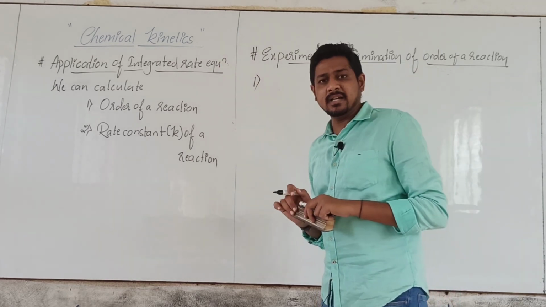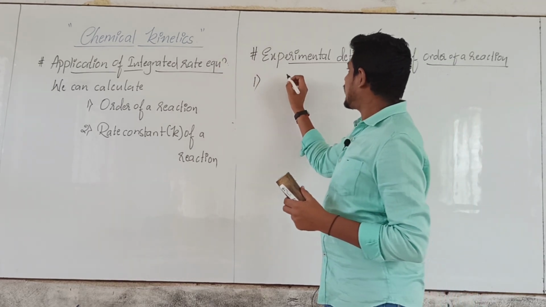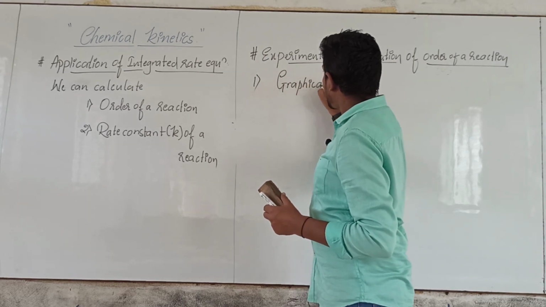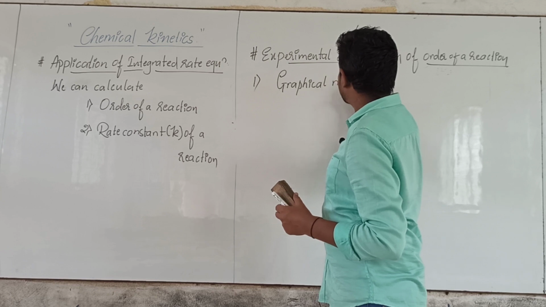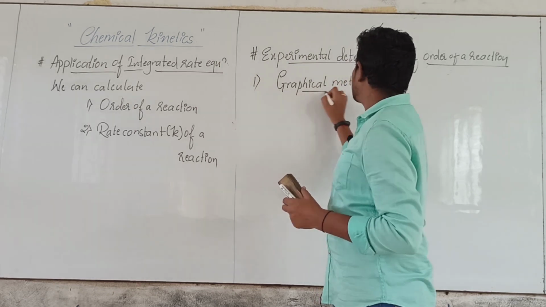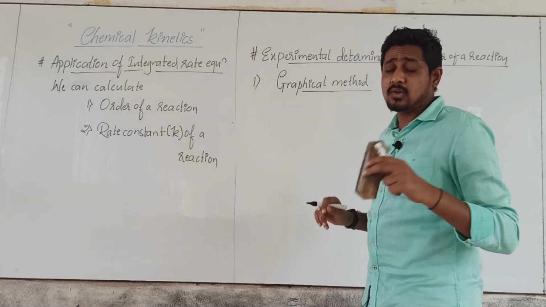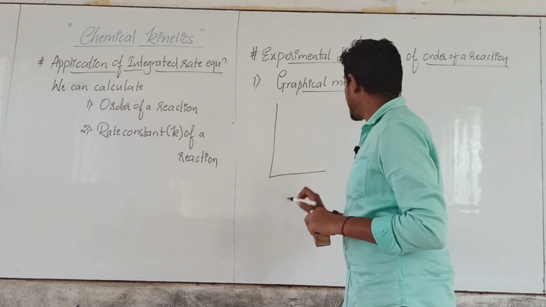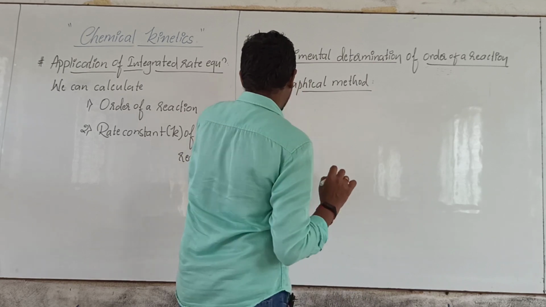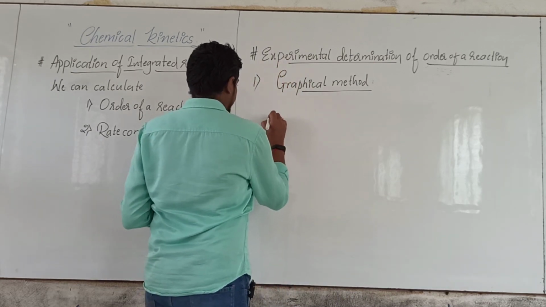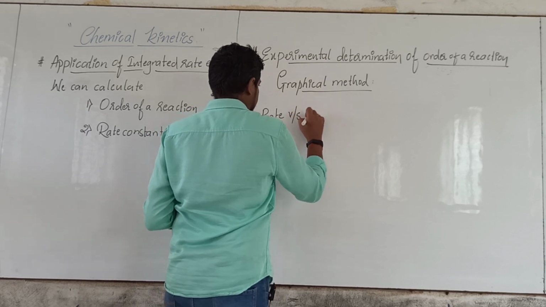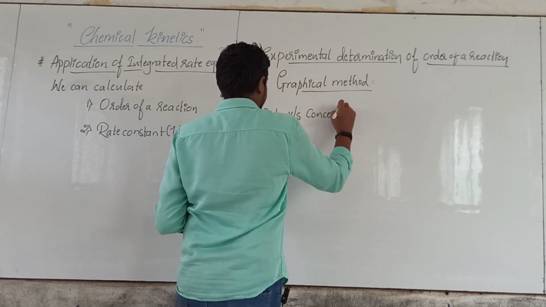One is by the integrated rate equation, another way is by graphical method. So here we'll be plotting a graph. Let us see what the graph is. We'll be plotting a graph of rate versus concentration.